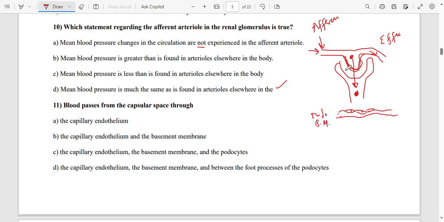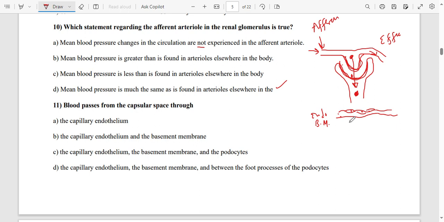And then from the basement membrane, the blood would have gone into this region, which is the space. Now we also have to pass the Bowman's capsule. The Bowman's capsule has cells known as podocytes.